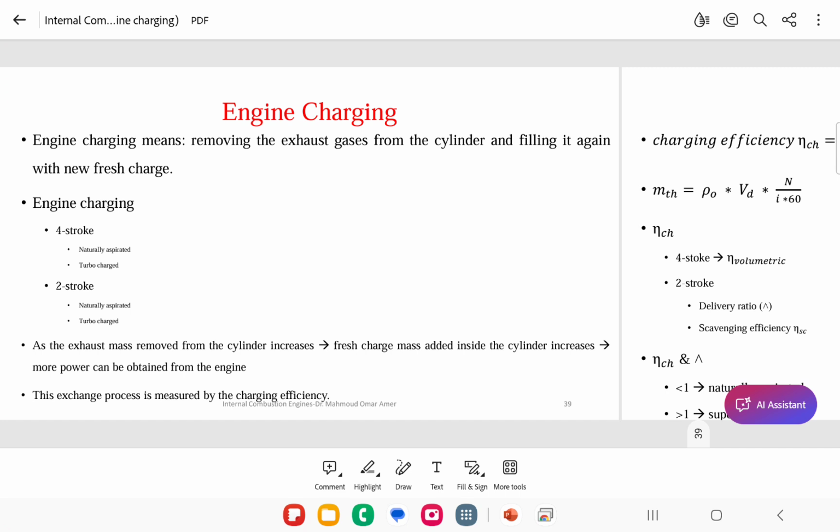Because as you compress the intake air, you increase its mass. As you increase its mass, you are working at a constant air-to-fuel ratio, so you increase the fuel's mass. So you get more power. That's why we use turbochargers.